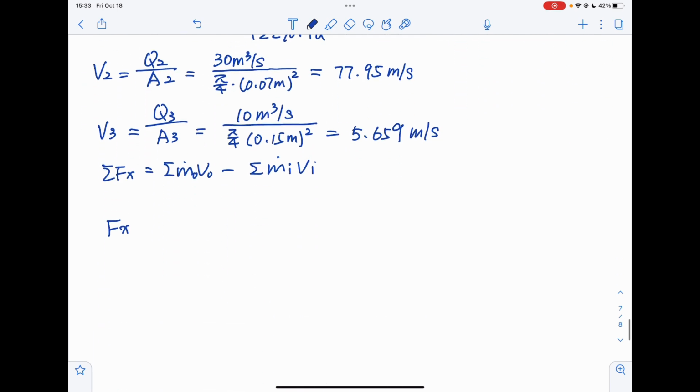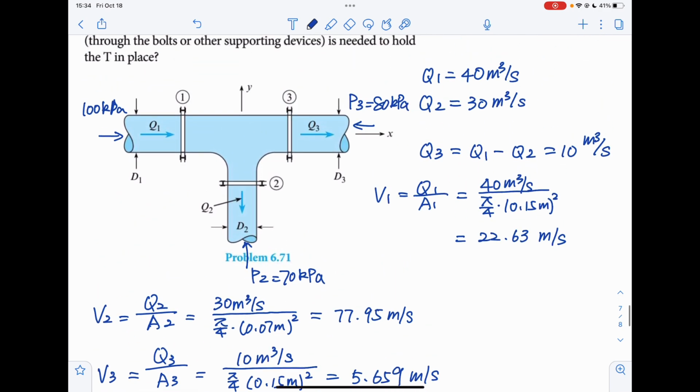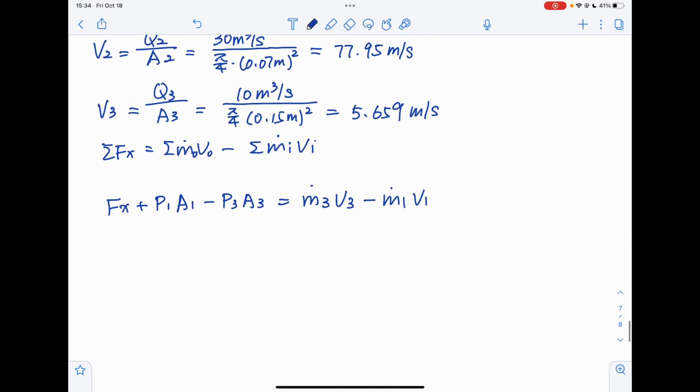So plus P1 A1 minus P3 A3 equals M3 V3 minus M1 V1.